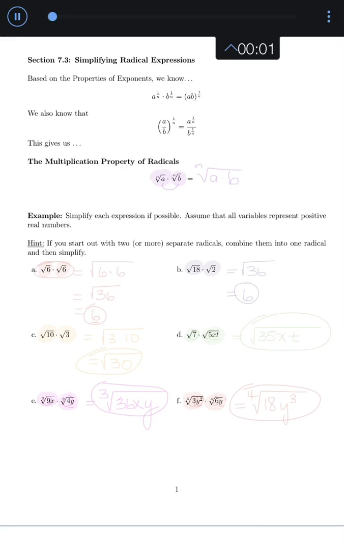In section 7.3, we're going to look at how to simplify radicals. So, what if we are multiplying two of the same type of root? Meaning I'm multiplying, let's say, a square root times another square root.